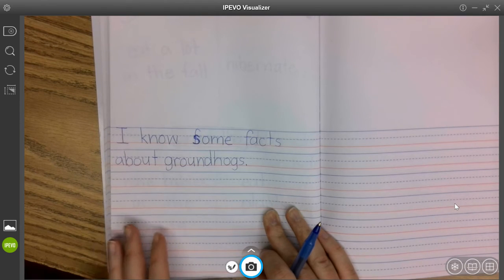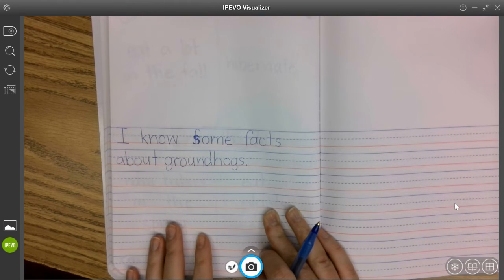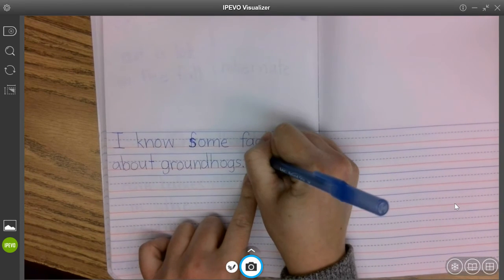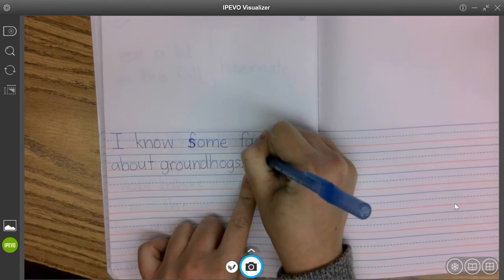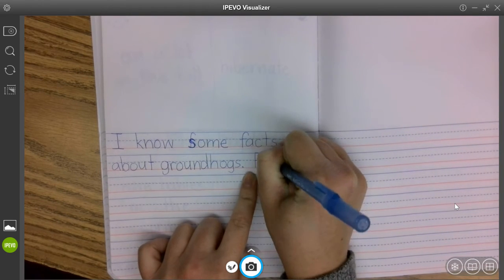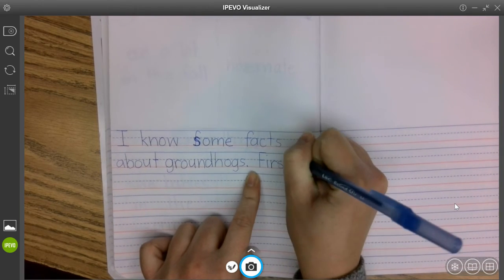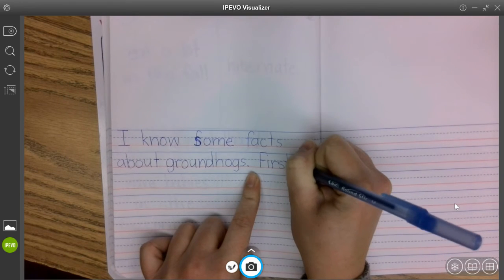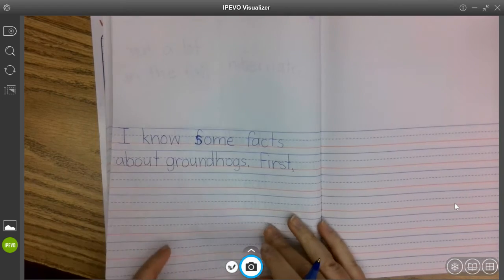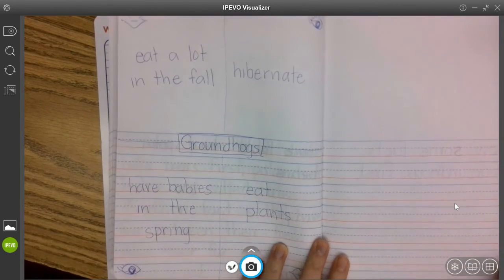Okay, our second sentence is our first fact. So we start with first. What do I want to know or what do I want to share first about groundhogs? First, comma. So let's see.